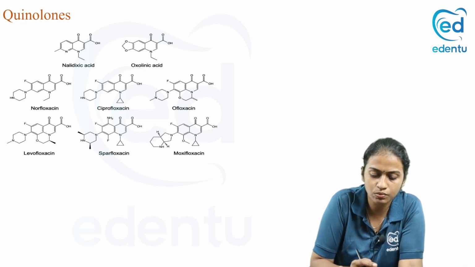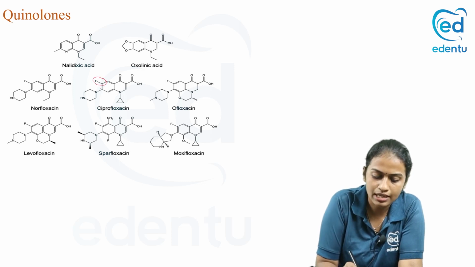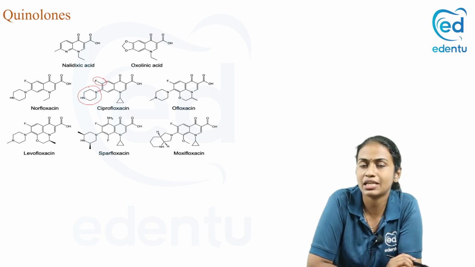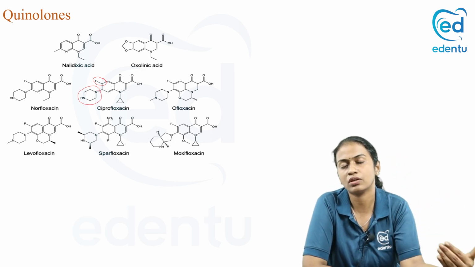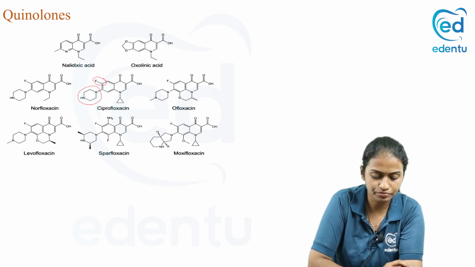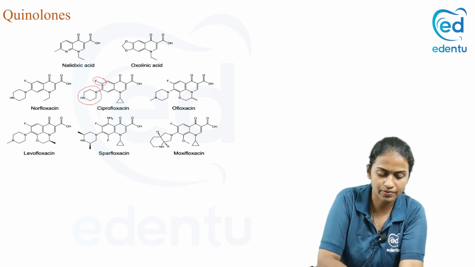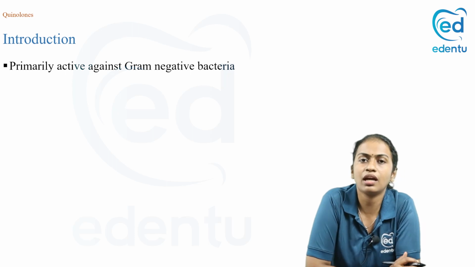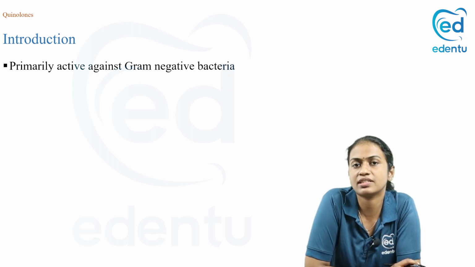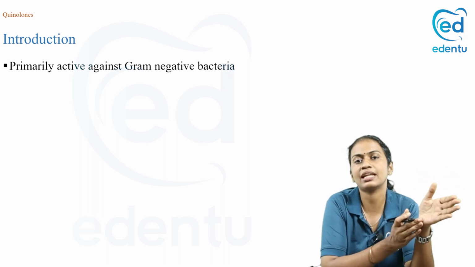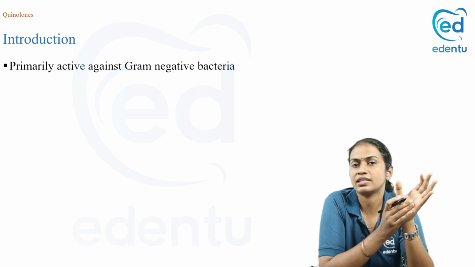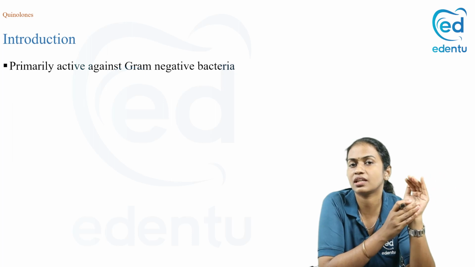So you can see here what they did was they fluorinated the 6th position and a piperazine group was added to the 7th position. So we have then the fluoroquinolones, which are again divided into different generations. They are basically active against gram-negative organisms. So you know that in case of beta-lactams, which group of organisms are they primarily active against?